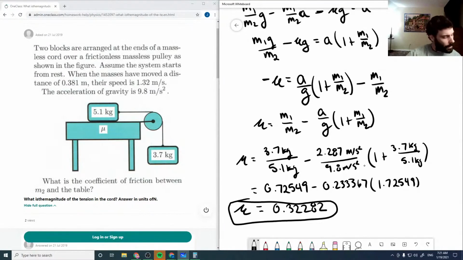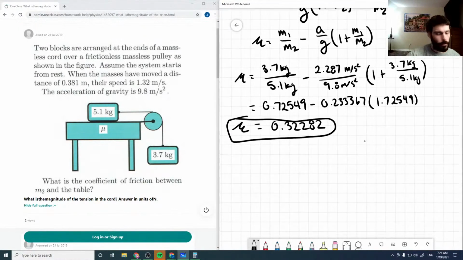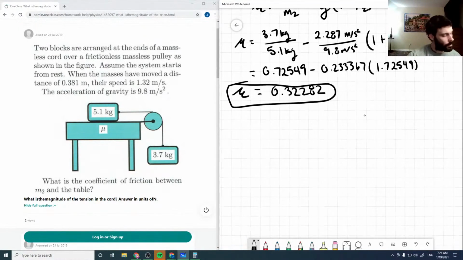Now, given our coefficient of friction, we can solve for our tension from either equation. So we could have actually solved for our tension from our M1 equation.